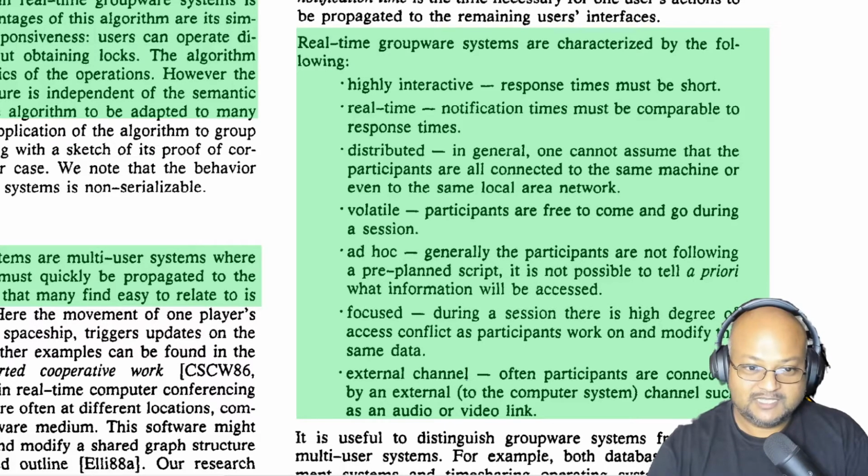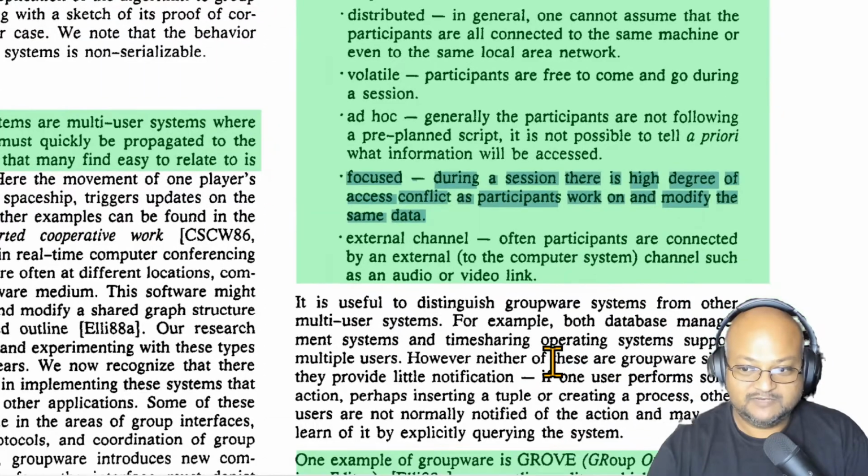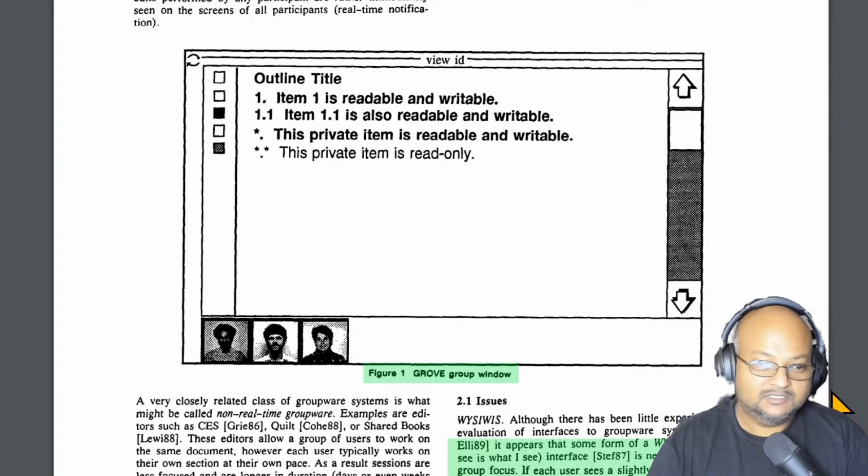The users can join and leave during the session, and it is very important to be able to resolve conflicts because it is expected that a lot of users will work collaboratively on the same document and in fact on the very same parts of the document. The application that the authors are designing this for is a shared online outline editing system, which of course is very similar to the sorts of docs that we edit collaboratively online today.